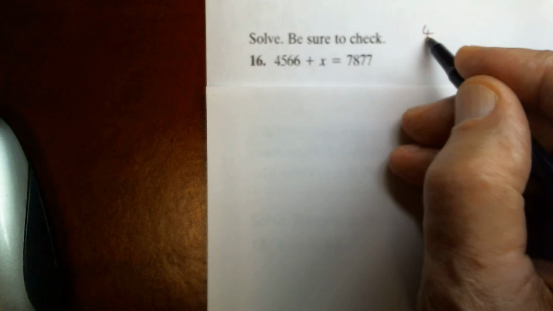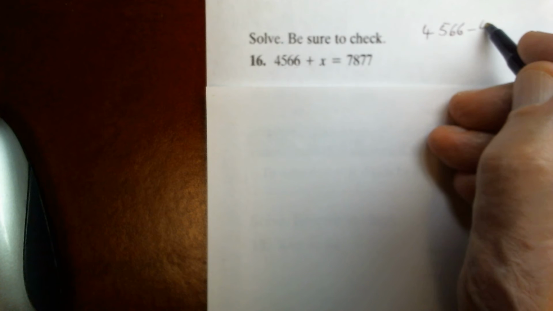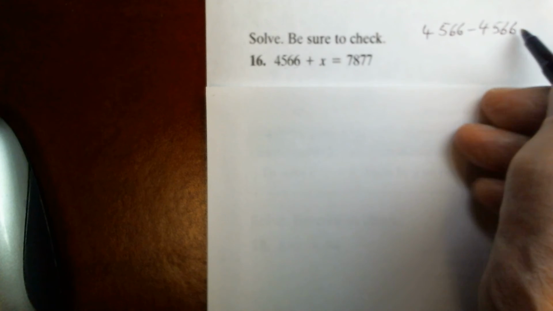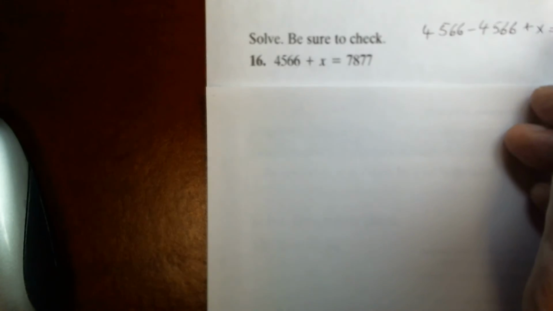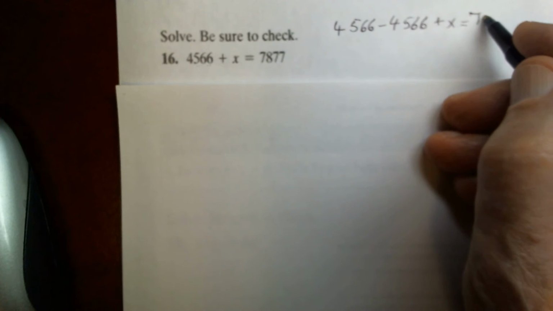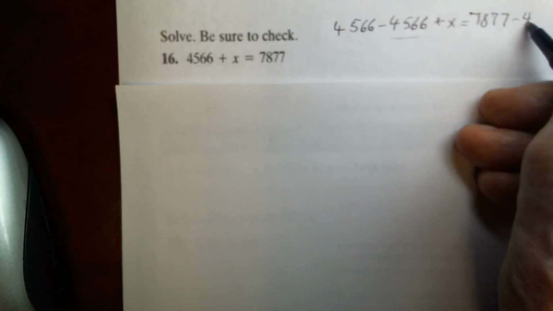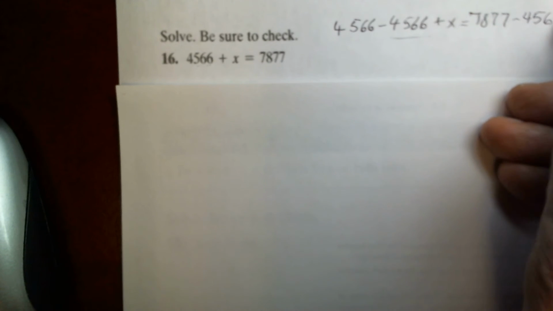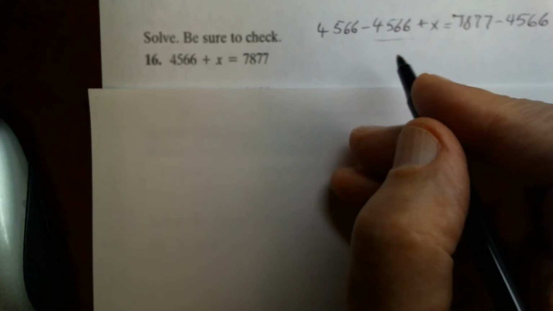So on the left side we get 4,566 plus x minus 4,566, and on the right side 7,877 minus 4,566. The important thing to remember is when we subtract a number on one side of the equation, we also need to subtract it on the other side of the equation.